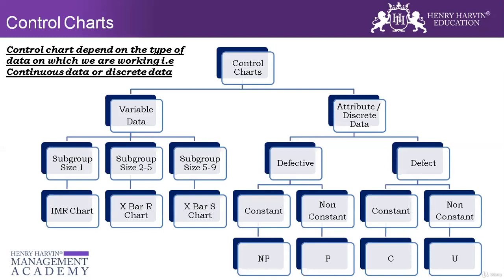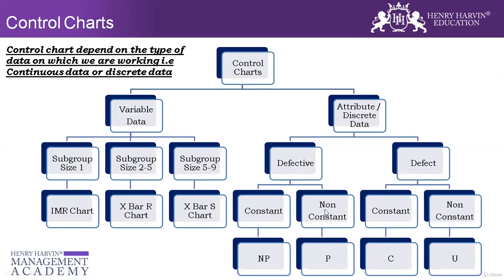So if my data is discrete, and if I'm measuring defective, then again I have two variants: constant and non-constant. The binary, yes or no, pass or fail. If I'm measuring it on defective or defect, I have two variants.